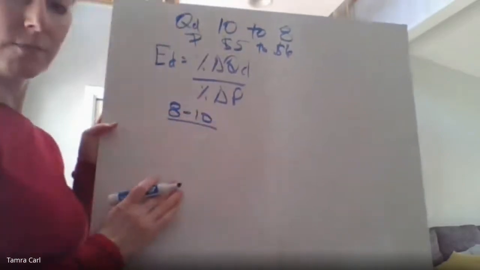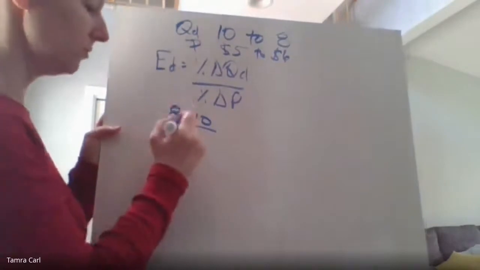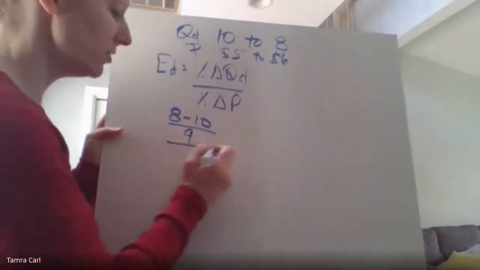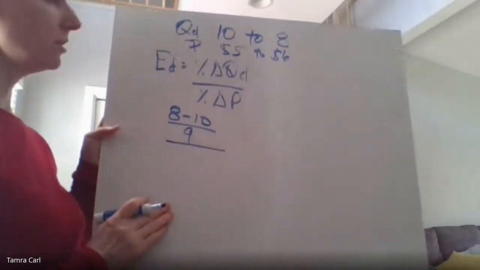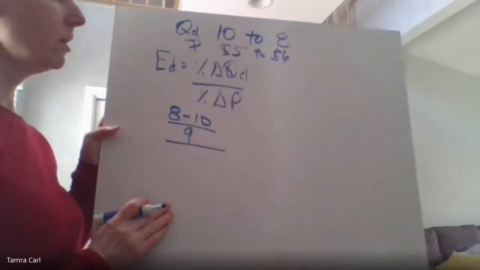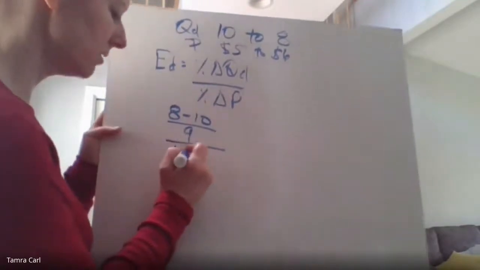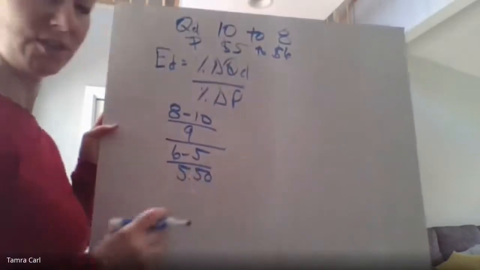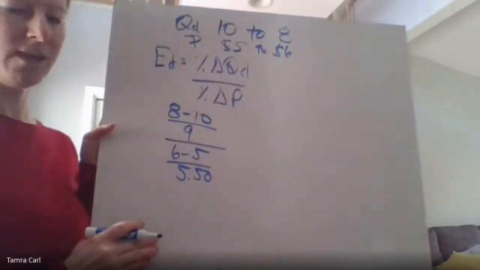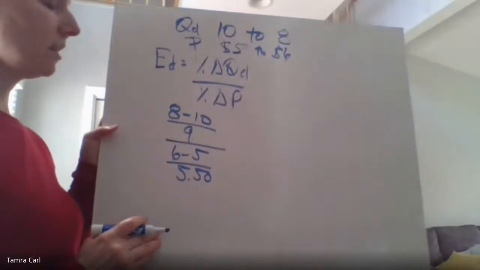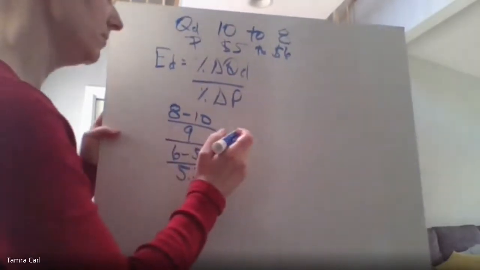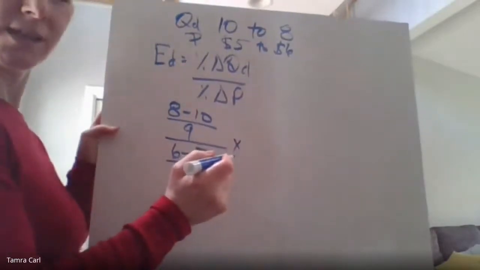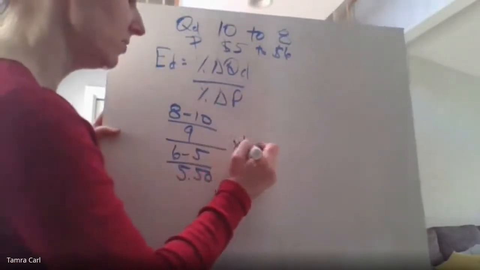And I need to take the midpoint or the average of that, which would be 9, divided by the percentage change in price, which I have to go from the new, which is 6, minus the 5, divided by the average, which is 5.5. And so that's where then I have to take that times 100. I think I do have to take them by 100, right? Times 100.